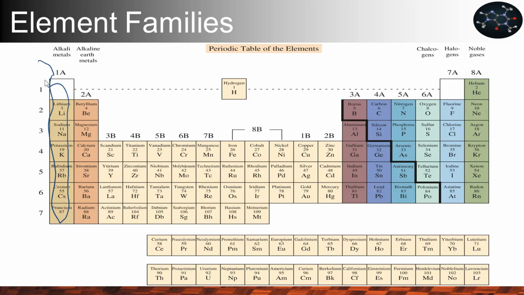They have very similar properties in terms that they're all metallic in appearance. They're kind of silvery and shiny. They tend to burn and catch fire and react strongly when thrown into water. They react with these halogen guys over here in the second to last row in a 1-to-1 ratio. So they have very similar properties all the way down that column.